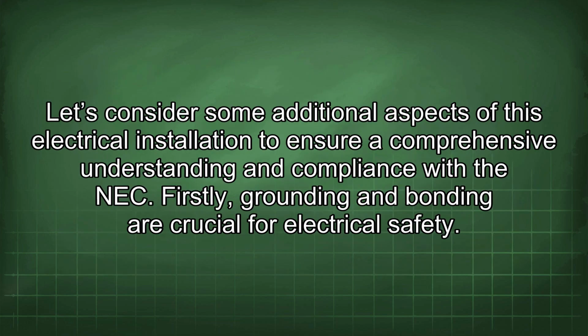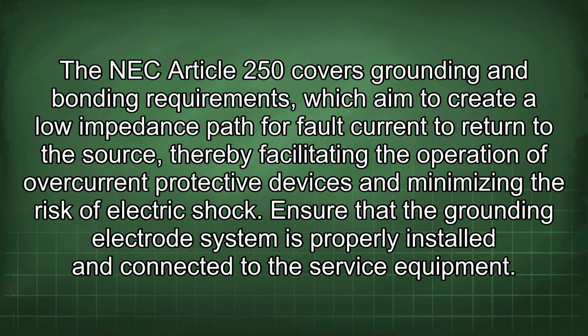Let's consider some additional aspects of this electrical installation to ensure a comprehensive understanding and compliance with the NEC. Firstly, grounding and bonding are crucial for electrical safety. The NEC Article 250 covers grounding and bonding requirements, which aim to create a low impedance path for fault current to return to the source, thereby facilitating the operation of overcurrent protective devices and minimizing the risk of electric shock.